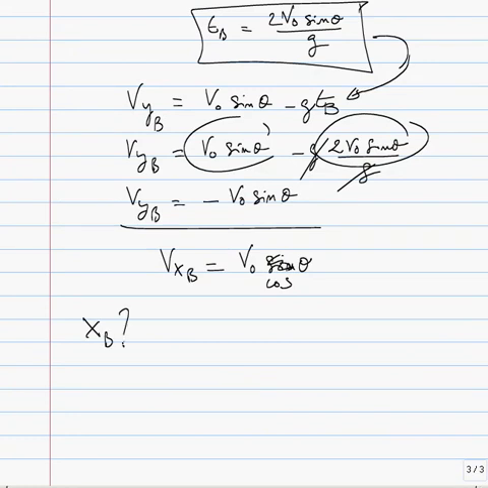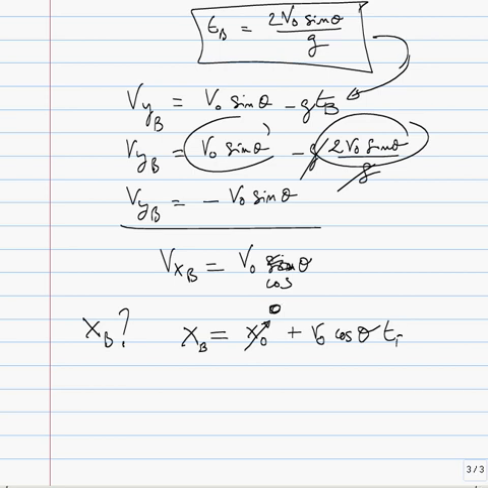xb. Now that's interesting. I can use my equation of motion for x, which was x naught plus V naught cosine theta t. Yeah, that looks familiar. Okay, so evaluate at point B. This will become xb, which is my position at point B. X naught in my case is 0 because I center my coordinate system at t equal to 0, x equal to 0.